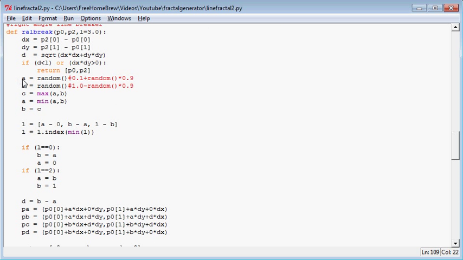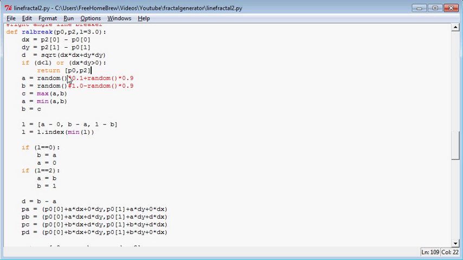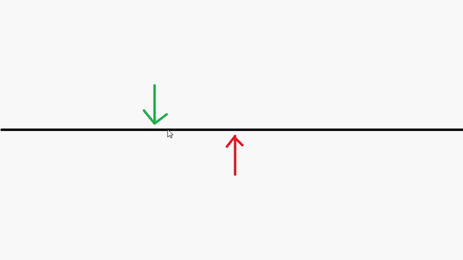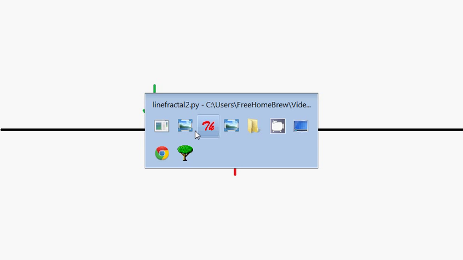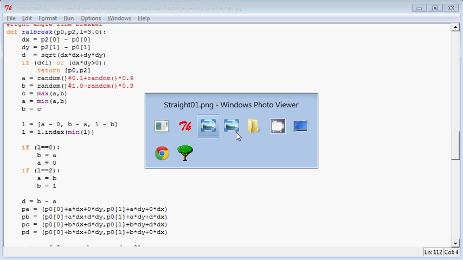Continuing, like I said, I take 2 random points, A and B, and C is then the maximum of those 2, and A is the minimum of A and B. Then B is C. So what this does is I take these 2 points, C is the maximum of these 2, so C is this one, and then A is the minimum of these 2.